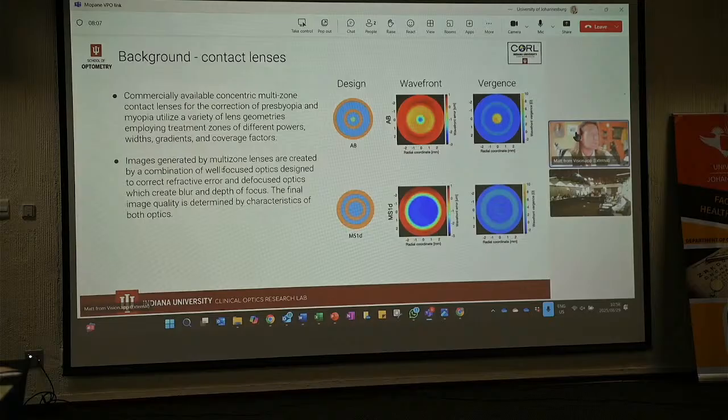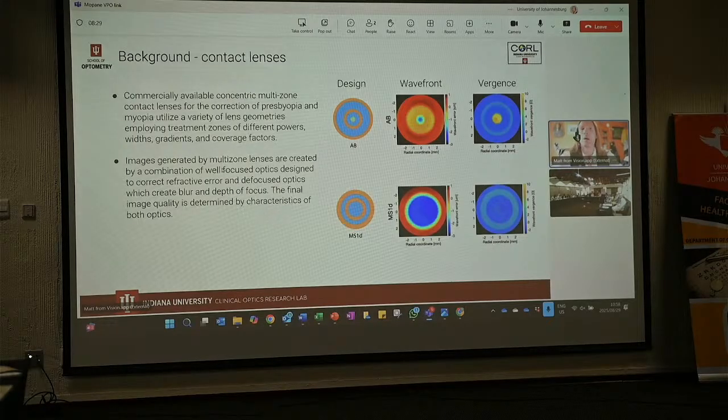In particular, here we have myopia control lens designs on the bottom, and presbyopia designs in the top row. As we see, they are similar in different ways. They both have angular zones.